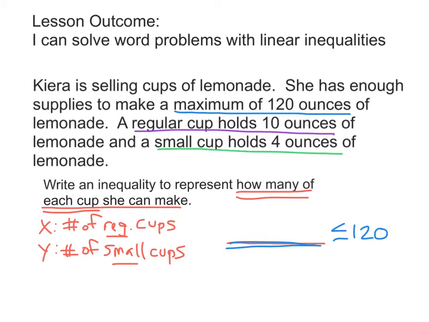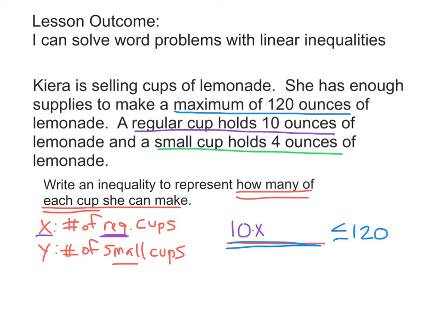And this is regular right here, regular cups, and x is the number of regular cups. So we don't know how many regular cups she sold, but we know that each of those cups, however many there are, has 10 ounces. So we're going to write 10 ounces times the number of regular cups she sells.